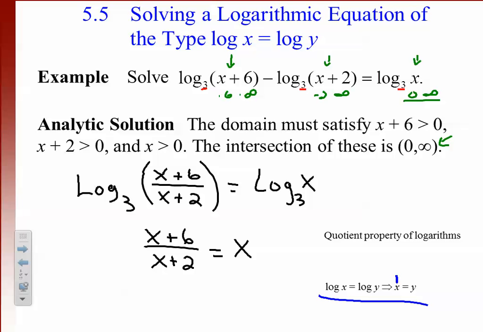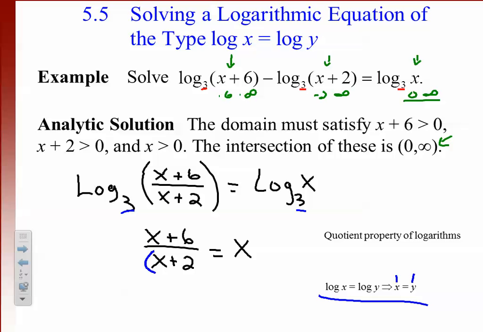So x must equal y here, and that's what I'm saying. These are logs of the same base, log base 3, log base 3, so these two things have to be equal.